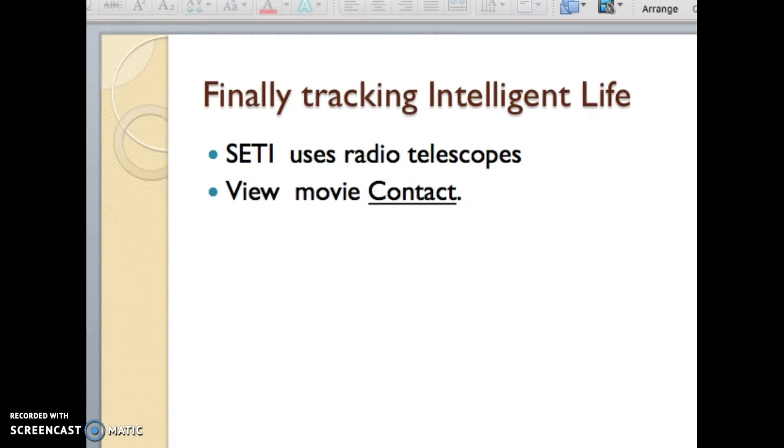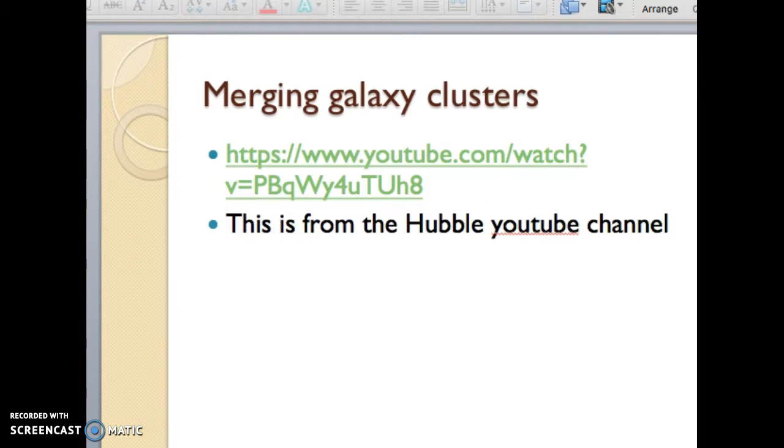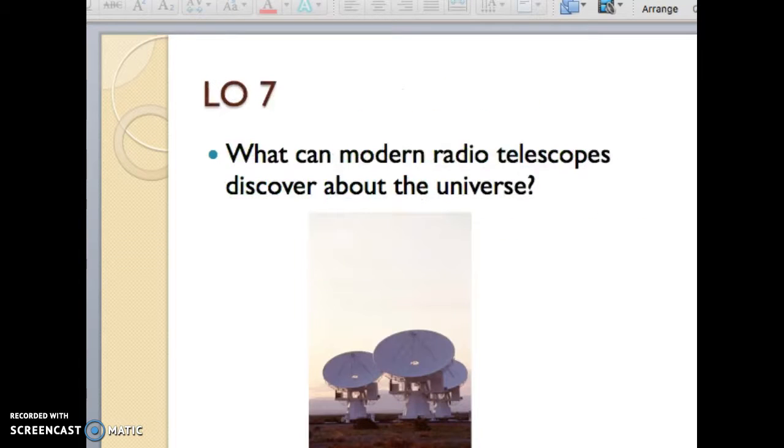So I hope you've learned a little bit about radio telescopes, from all the things they can do, how they help us discover the universe, ranging from looking at the sun to the center of galaxies, peering through dust that's not visible with visible light, to tracking our space probes and even searching for life out there that might be broadcasting radio waves for us to hear.